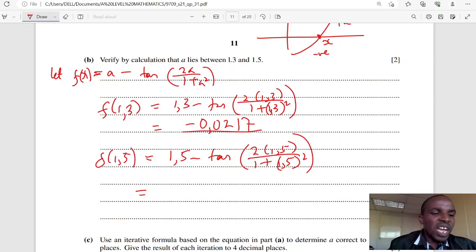Then for 1.5, this one's 1.3. Oh, that's wrong because I've mixed 1.5 and 1.3 in this case. So let me put 1.5 first. 1.5 is 0.17883 or just 0.178, like this. Then for 1.3, let me put 1.3 now.